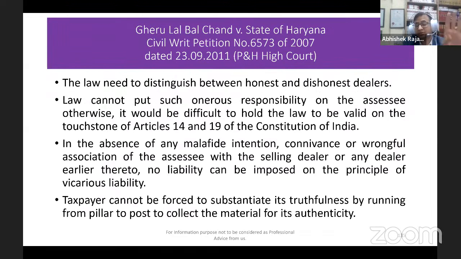Gedulal Balchand, a celebrated judgment of the Punjab and Haryana High Court. The best thing that this judgment recognizes is that law should distinguish between honest and dishonest dealers. And you cannot cast unnecessary responsibility on a person to run from pillar to post to prove his innocence or prove his claim.